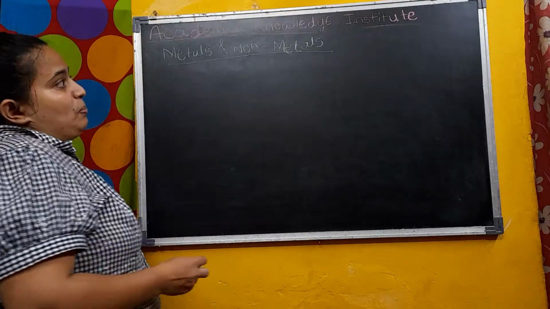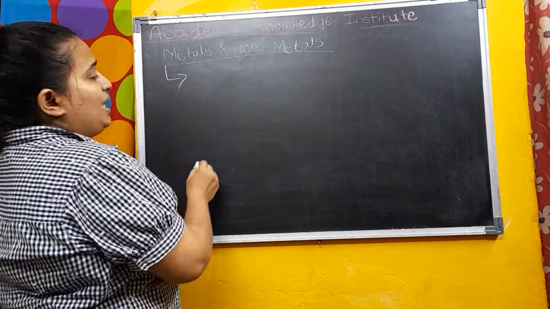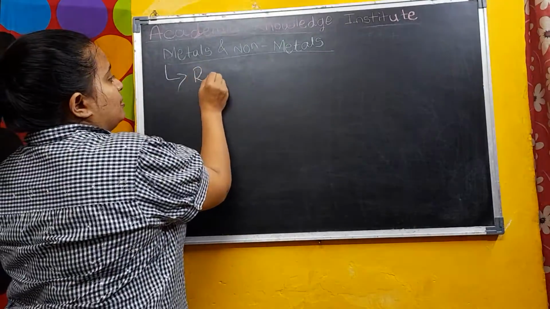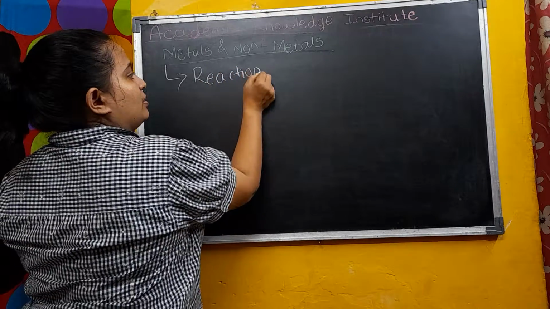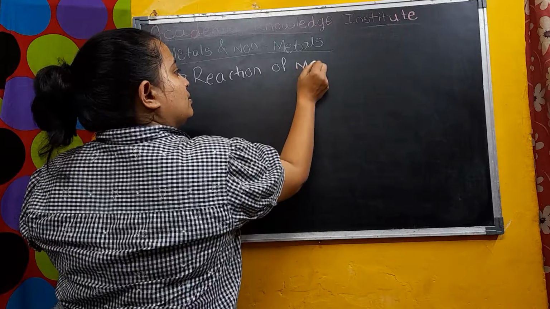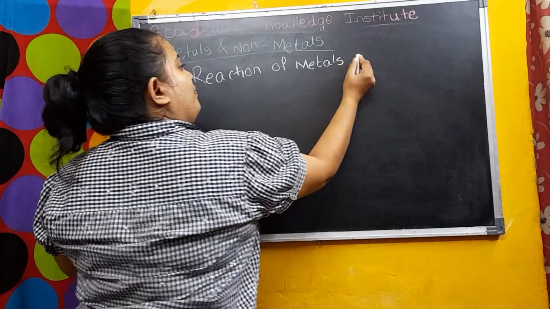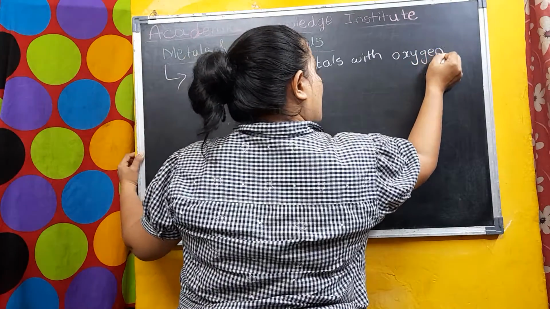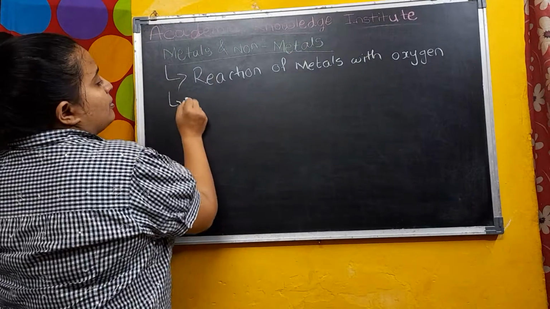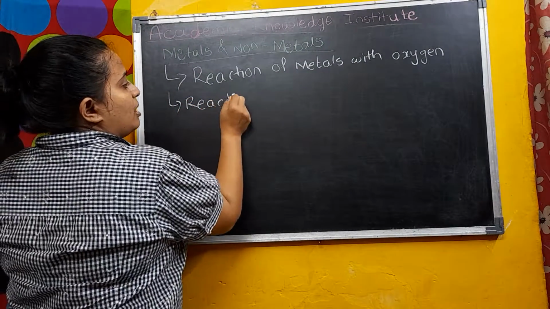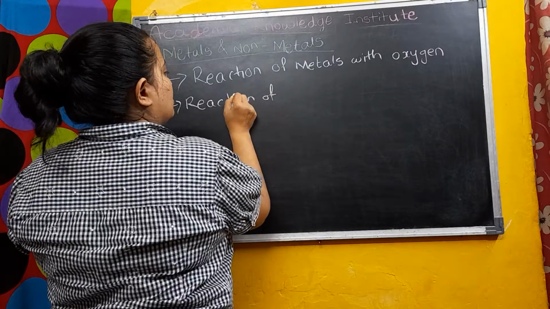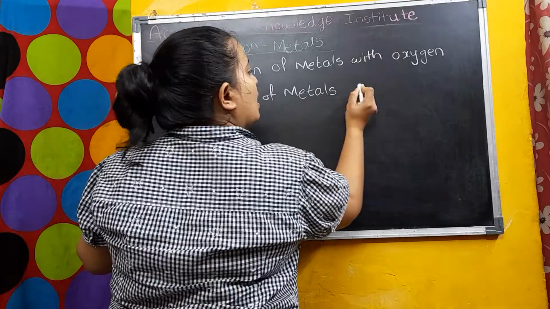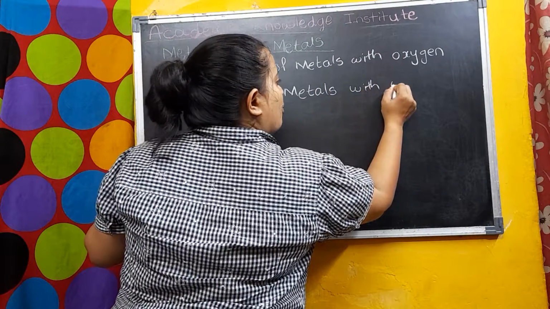Here in the chemical properties of metals, we have four types of reactions. Let's see them one by one. The first, reaction of metals with oxygen. Second, reaction of metals with water.